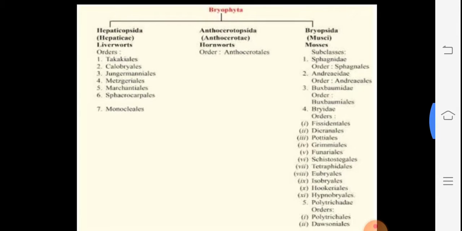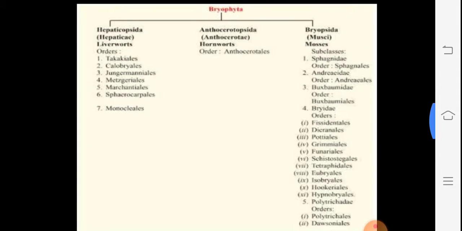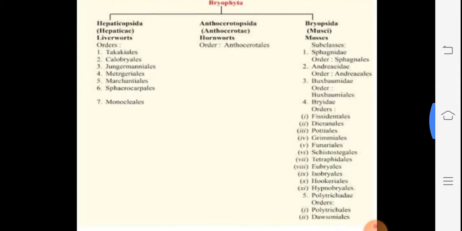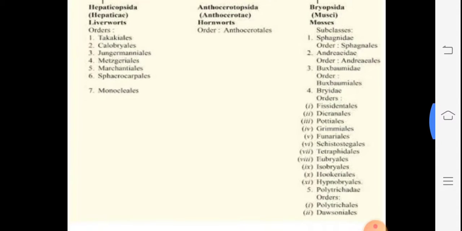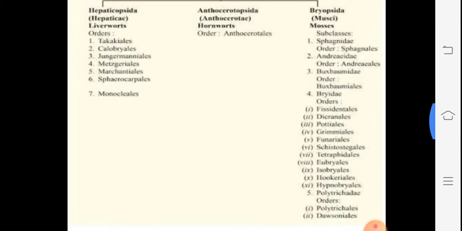I am just highlighting; you have to remember these 7 groups in your writing. Names have weightage. Anthocerotopsida or hornworts, Anthocerotales, family Anthocerotaceae, and genus mainly Anthoceros and Notothylas, and others are Megaceros, Dendroceros, Phaeoceros, Folioceros, like this.